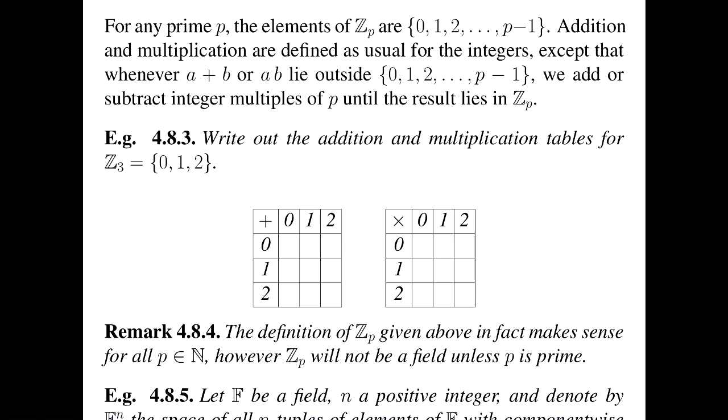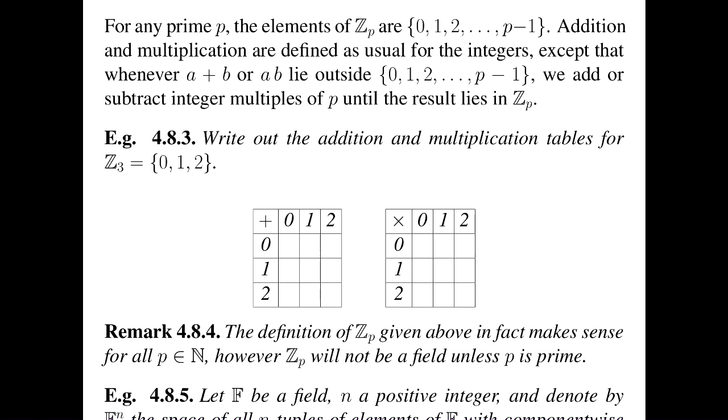Okay? So you're basically only interested in the remainders after you've subtracted off the multiples of p, so that your answer always falls in the set 0 to p minus 1. Right? So Z_p, if you think of it as a set, is the set 0, 1, 2, and so on, up to p minus 1.